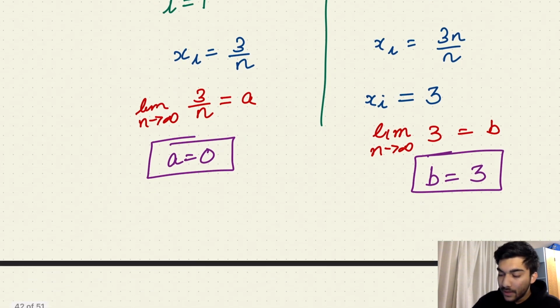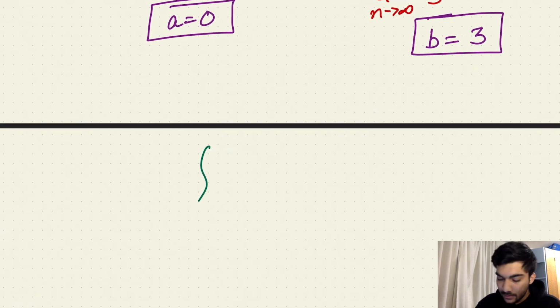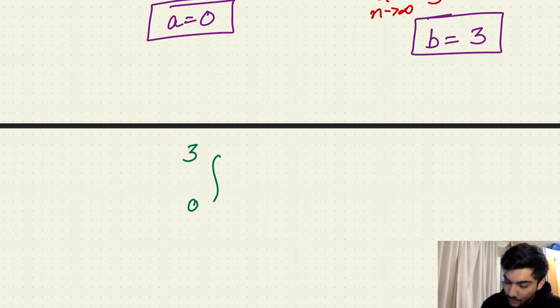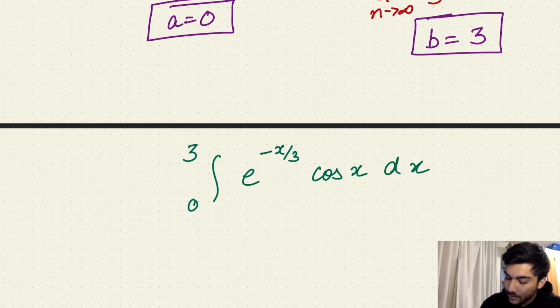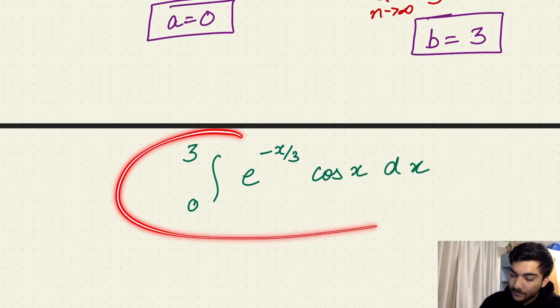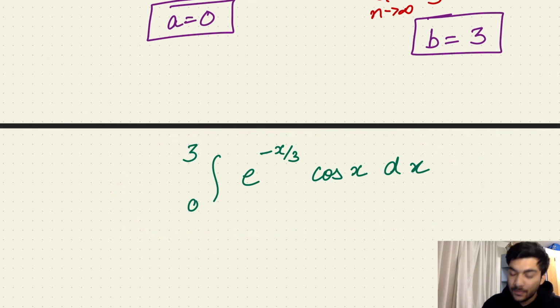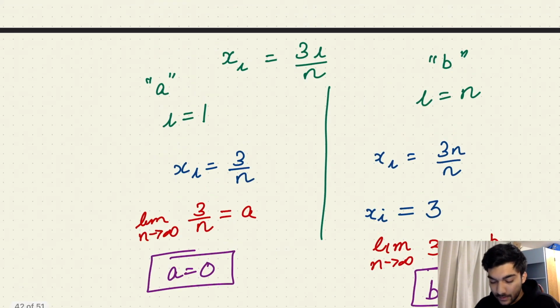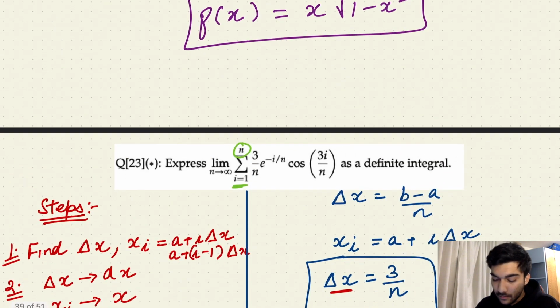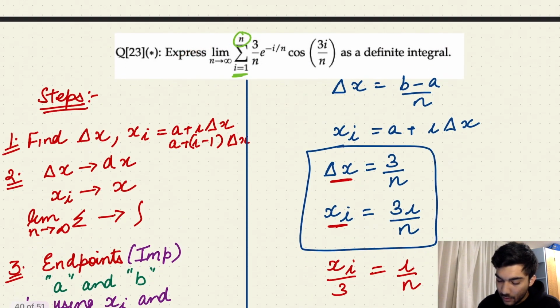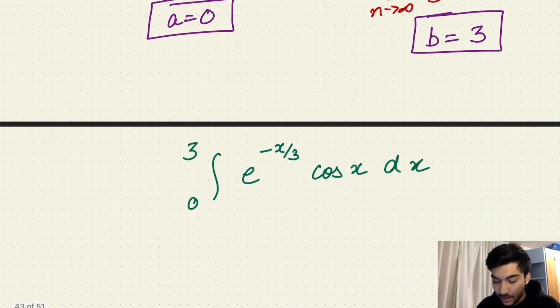I'll write my definite integral, which will be my final answer: integral x goes from 0 to 3. My function was e to the power minus x by 3 cos x dx. And this is my final answer. This is what I'll get if I convert this sigma notation into a definite integral.